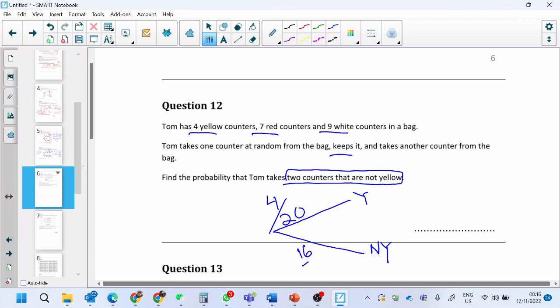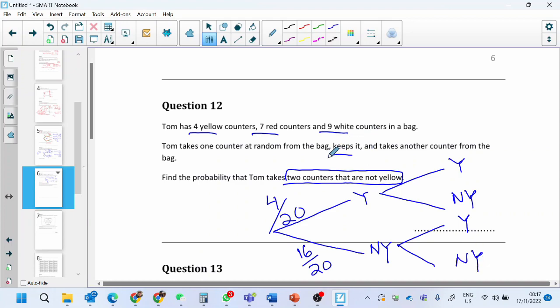So 16 out of 20 is not yellow. So in the first attempt, if these are the probabilities, there's a second attempt as well for yellow and not yellow. And if it's not yellow, then again there are yellow and not yellow.